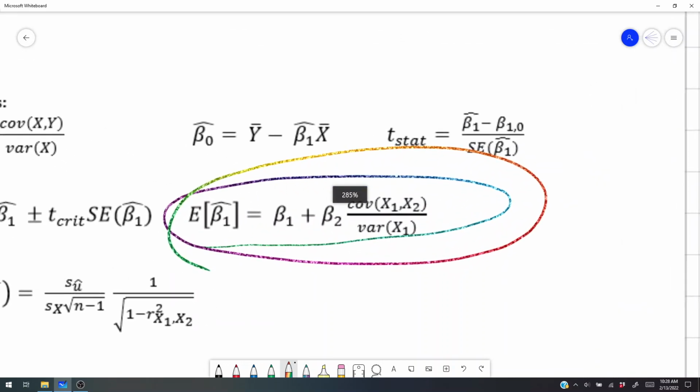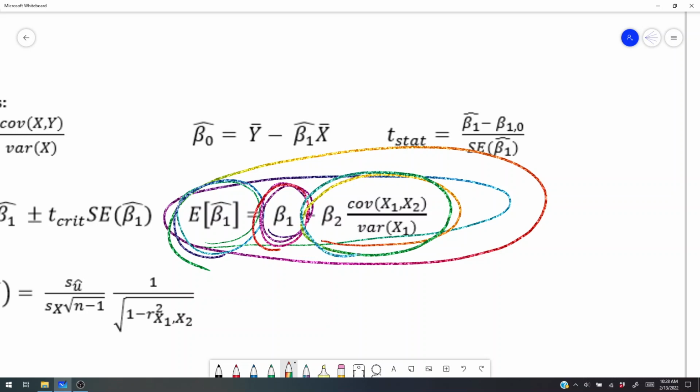But the idea is, if I forget to put the second variable in the model, the expected value of the first coefficient is going to be the true value that it would have been plus something that has to do with the second variable. Specifically, we're looking at the effect of the second variable on our dependent variable, which is y, and we're looking at the relationship between the second variable and the first variable, the one we actually did put in the model. So those two pieces circled in red are very important.